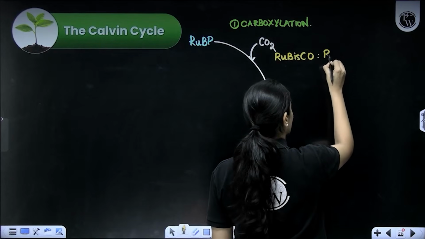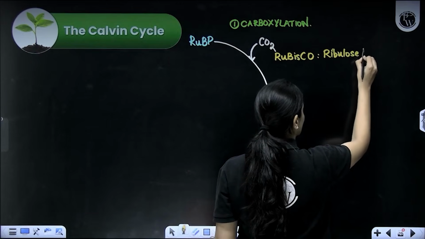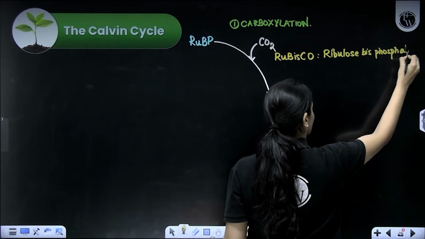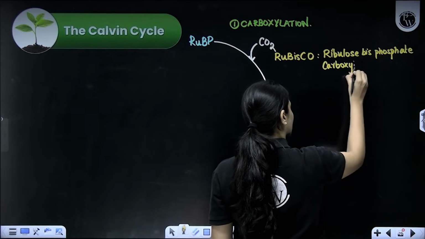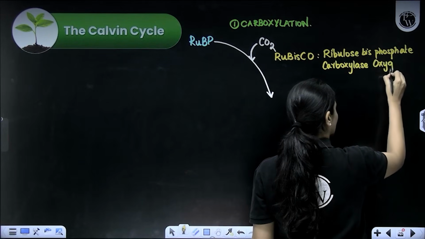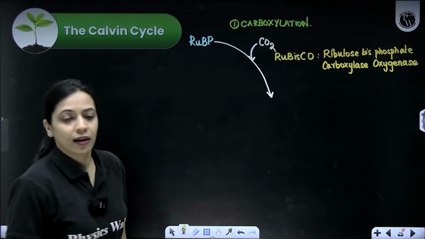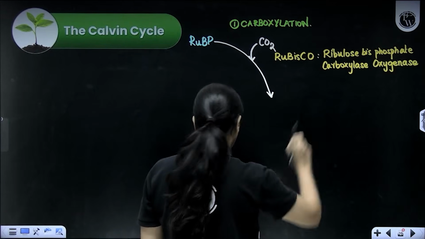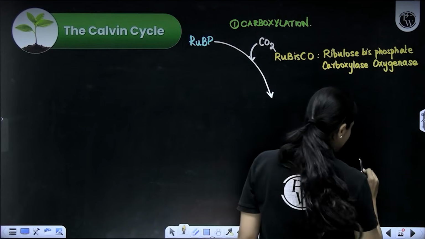Rubisco is short for ribulose bisphosphate, that is its substrate, carboxylase oxygenase. Okay. Now, this Rubisco is called ribulose bisphosphate carboxylase oxygenase because Rubisco, let's say, is an enzyme like this.